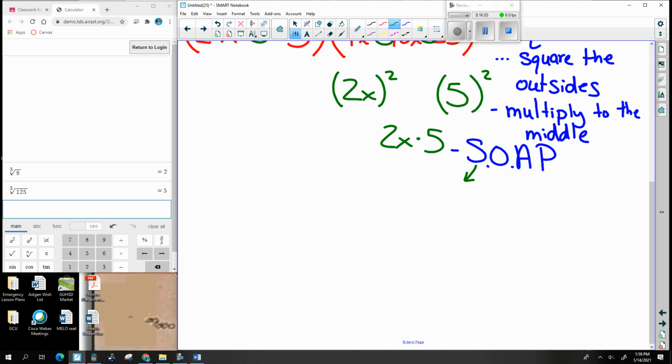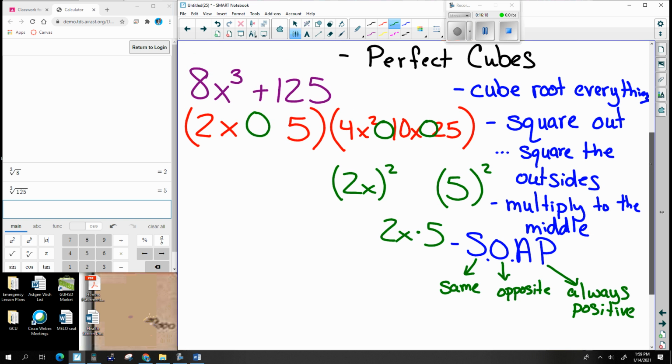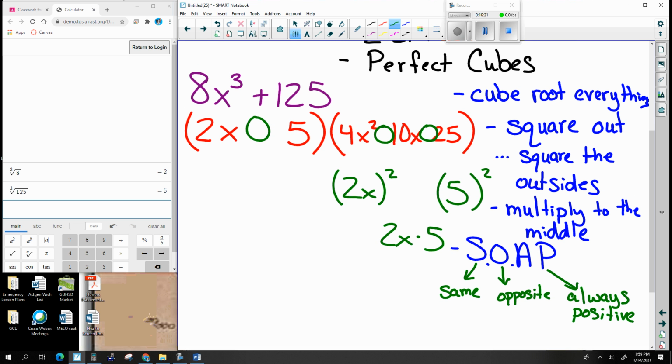SOAP is an acronym for same, opposite, always positive. And that lets you know the symbols that you go. So the original problem has a plus.